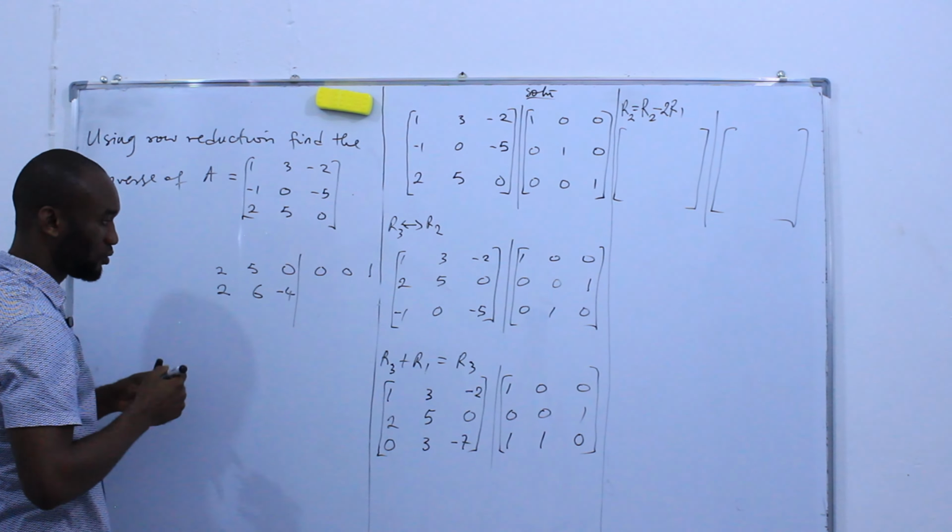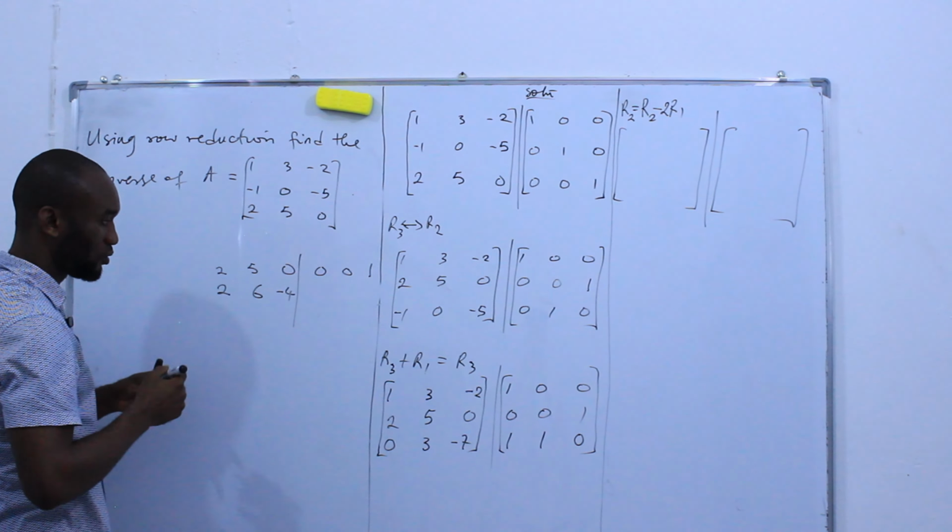So we're going to have, for our row 1, first of all, let's write down 1, 3, minus 2, 1, 0, 0. For our row 2, we're going to have 0, minus 1, and 4, and then minus 2, 0, and 1.